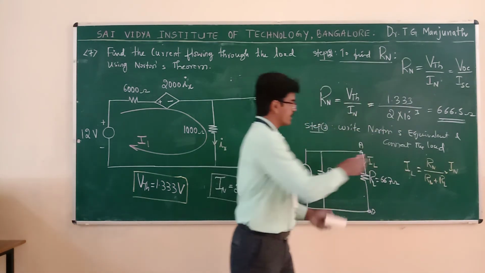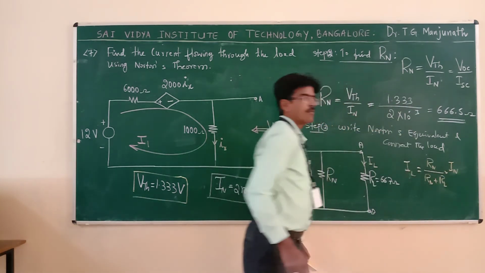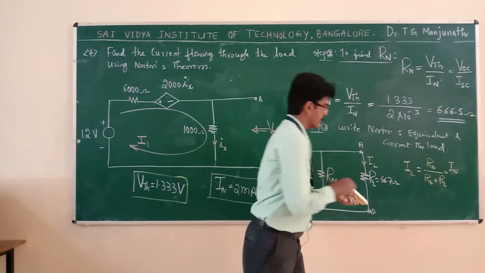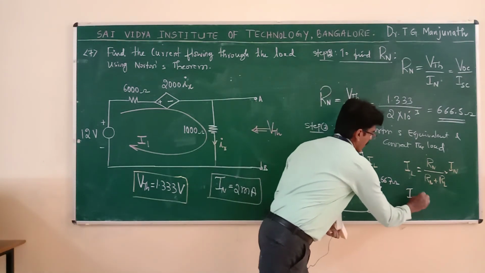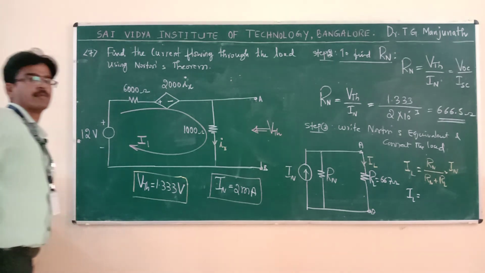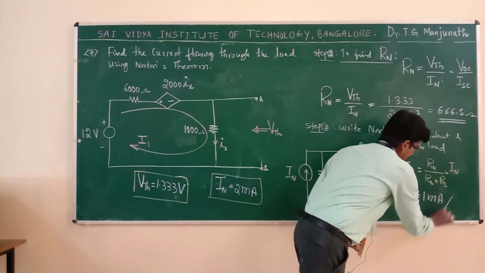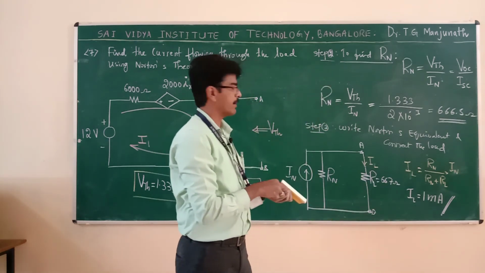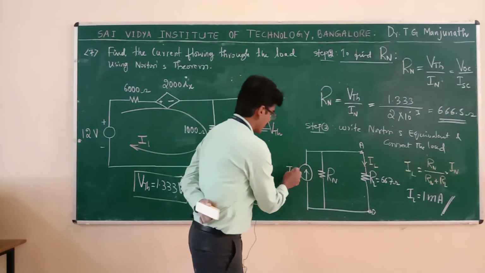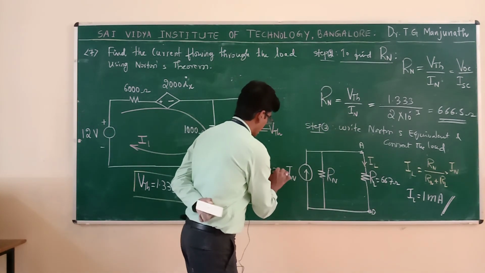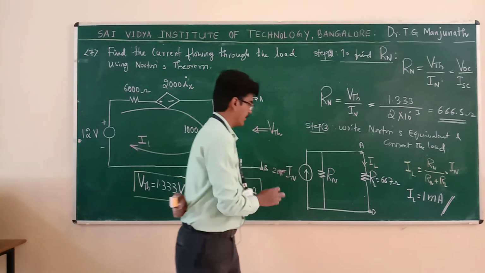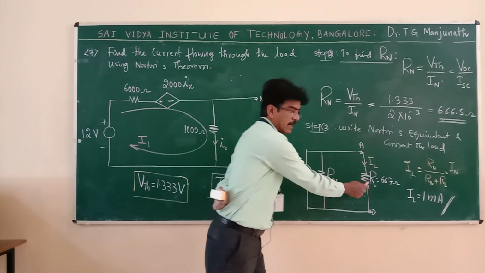Now substitute the values here and find the load current. You will get around 1 milliampere. Why 1 milliampere? What is IN here? You have 2 milliampere. What is this value?